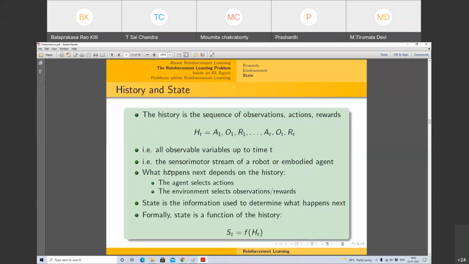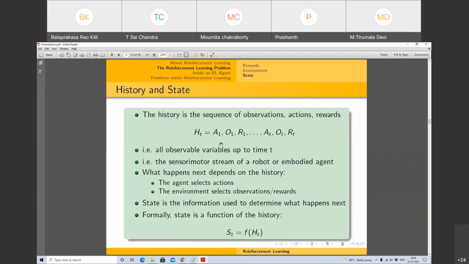Now one may say that everything is good, but there is a problem. What is the problem? The problem is that this history is very big. Let us say the sequence of actions is continuous, and every 5 seconds the agent has to pick some action.